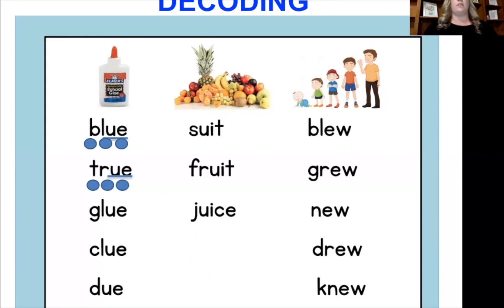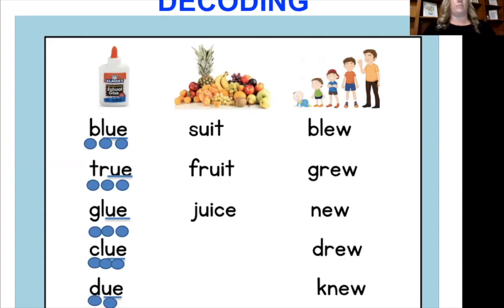Find the vowel team, U-E, oo, g, l, oo, glue. Look at the next word. Identify the vowel team, U-E, oo, k, l, oo, clue. Identify the vowel team, oo, d, oo, do. As in, your library books are due.